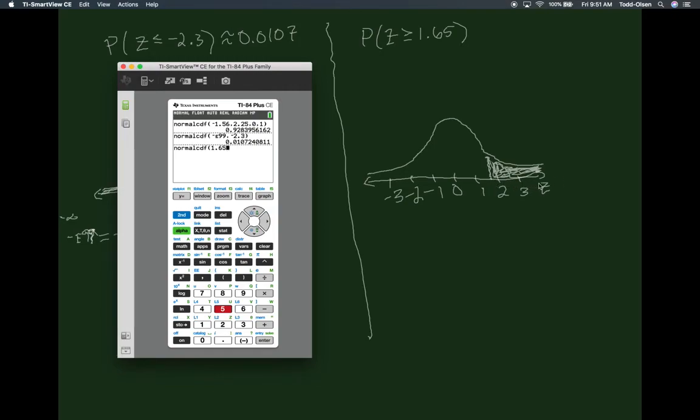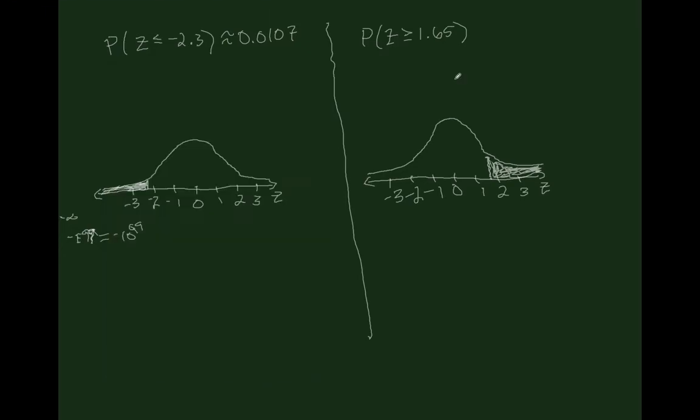And again, in this case, we're going to positive infinity. So I'm going to use positive E99 for the right-hand boundary value. And then press enter. And see, we've got about 5% of the area to the right of 1.65. 0.0495.